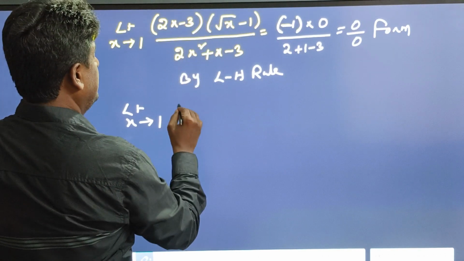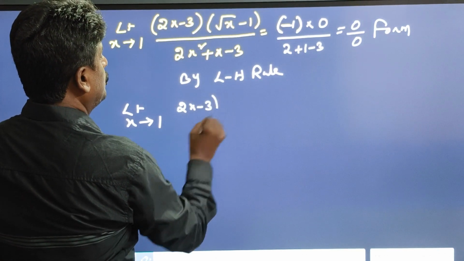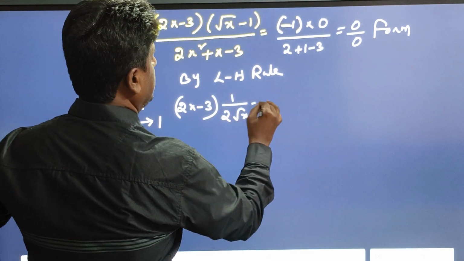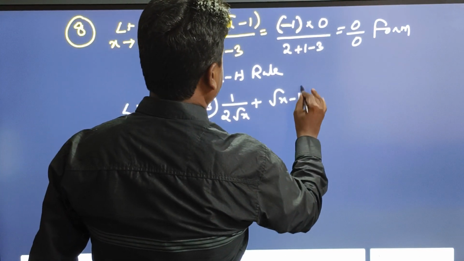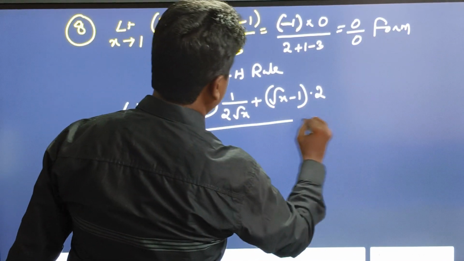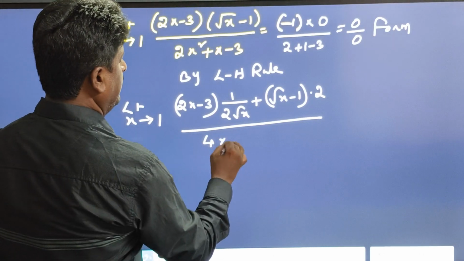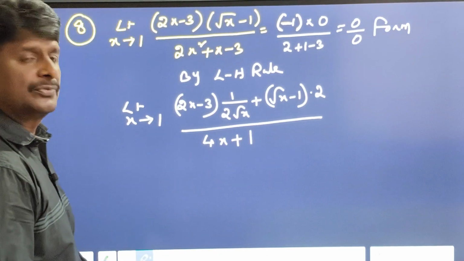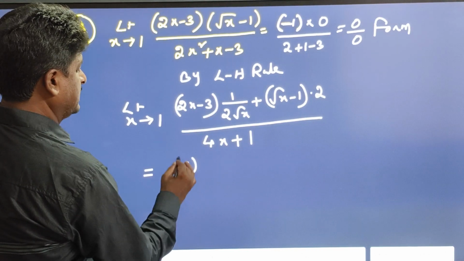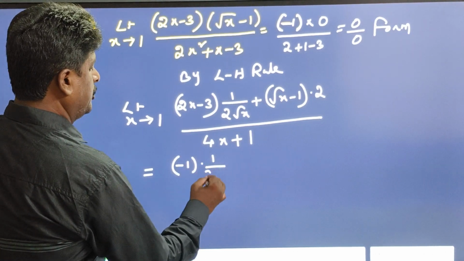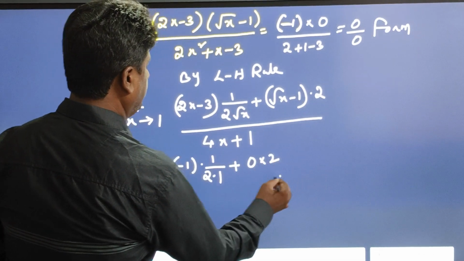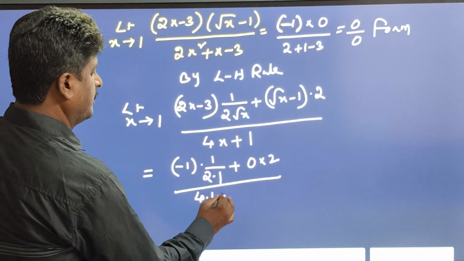In the numerator, it is the UV rule. 2x minus 3 written as it is, differentiate the second function, plus root x minus 1 as it is, differentiate the first function. In the denominator, 4x plus 1. Okay, now apply the limit. (2 minus 3) into 1 by 2 into root 1, which is 1, plus 0 into 2, by 4 into 1 plus 1.